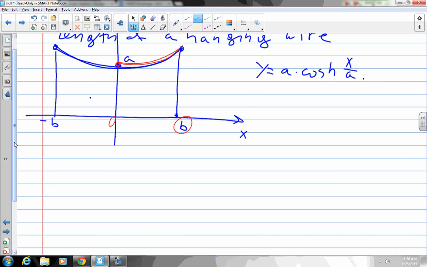So for now, the length will be 2 times the integral from 0 to b, the square root of 1 plus y prime squared dx, just like before. So now we just have to go through the motions and find all the fun stuff. Actually, it won't be that bad if you remember the derivative of cosh, sinh, or that's what he calls it.